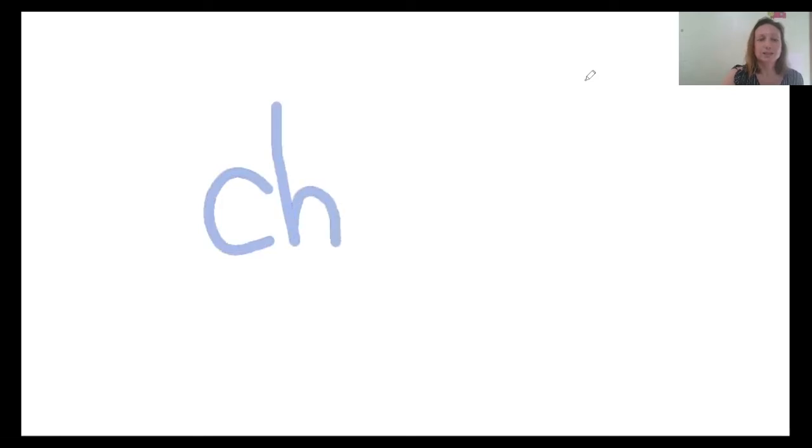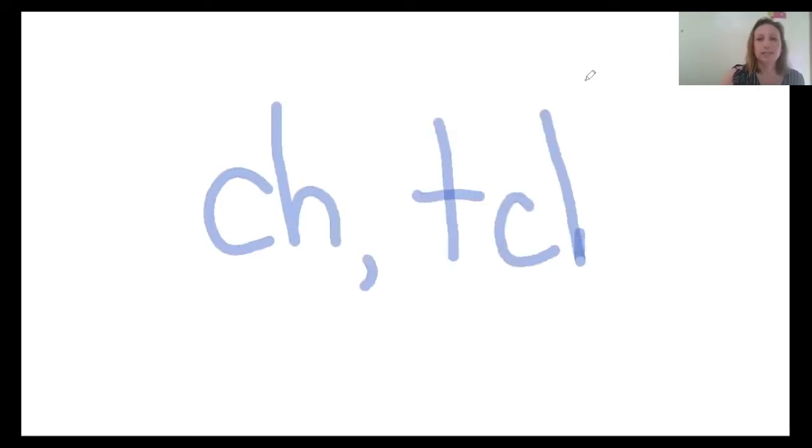And what two ways do we know for ch? CH and TCH. Both say ch. Next, one way to write the blend in trip. So you're repeating it and then saying it as you write it. T-R.